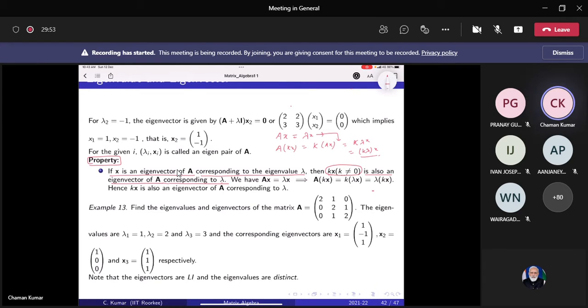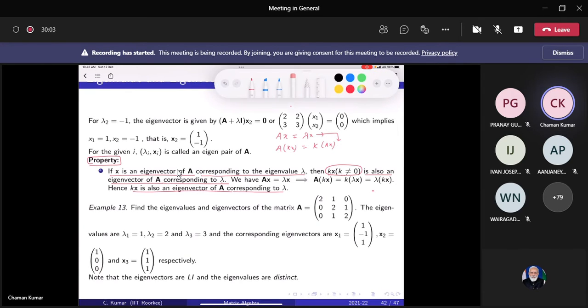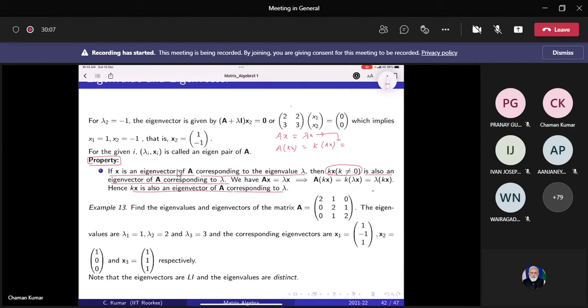I have rearranged it wrongly, so you should write this as K lambda x, and now you can write this as lambda into Kx.